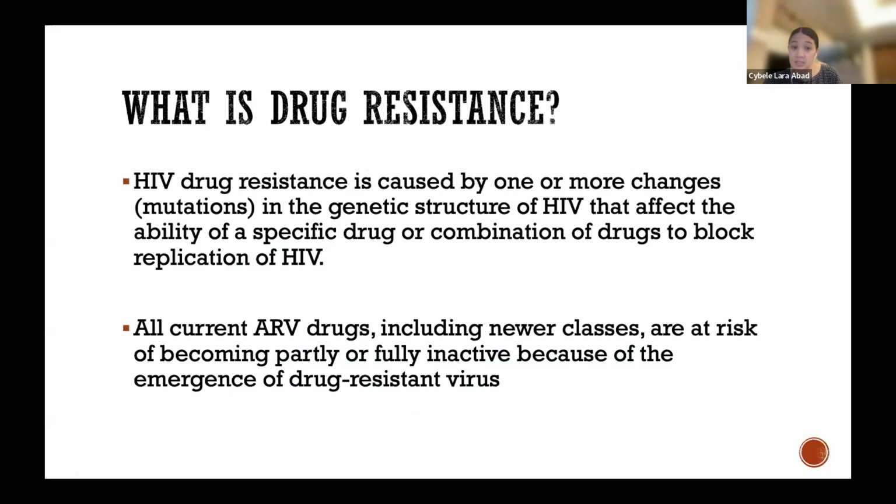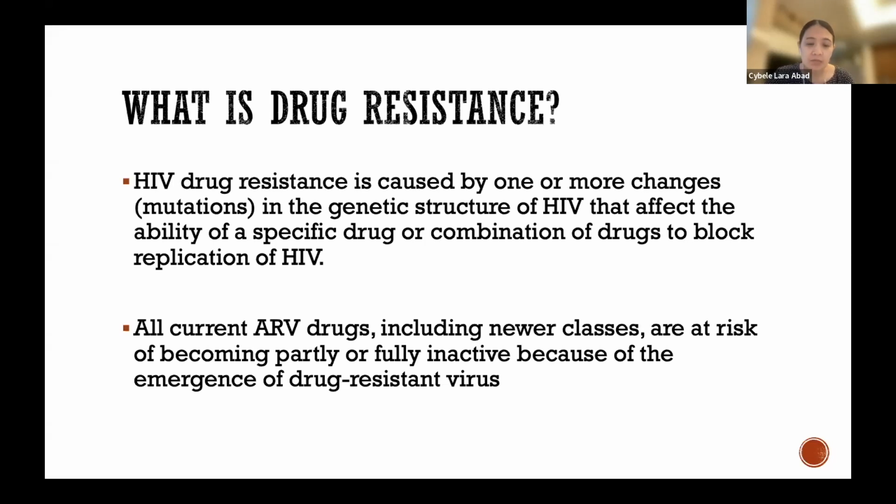Now, drug resistance is caused by one or more changes or mutations in the structure of the HIV that makes the drug inefficient or makes the combination of drugs ineffective, no? So it's unable to do its job, and is unable to block the replication of HIV. Remember, that's the goal of ARV, is to do virological suppression.